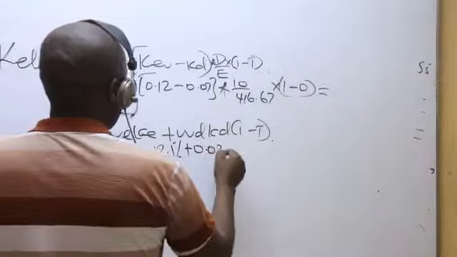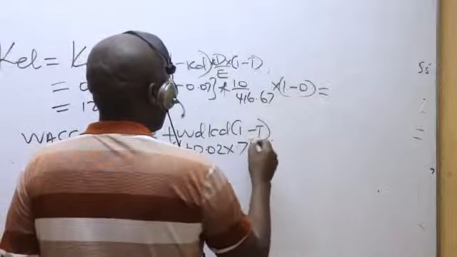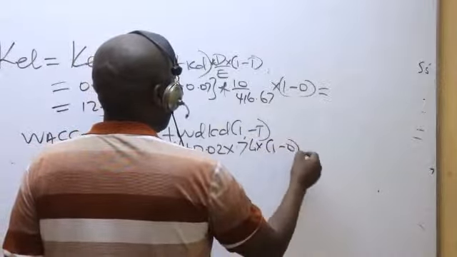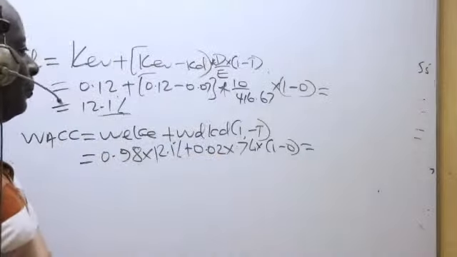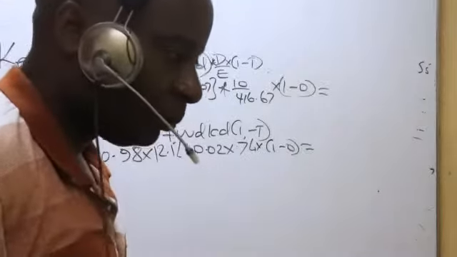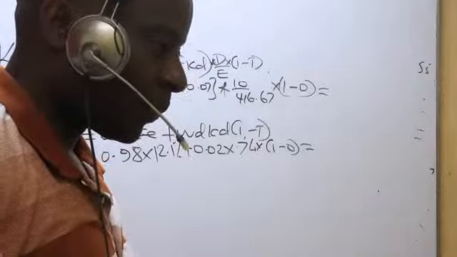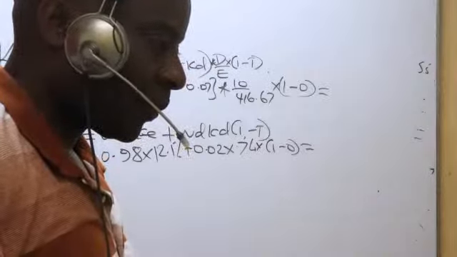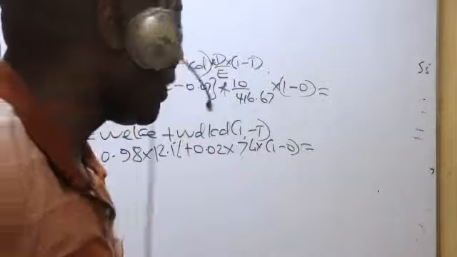Weight of debt is 0.02, times cost of debt 0.07, that's 7%, times 1 minus 0, which will end up giving me what figure? 12.02.